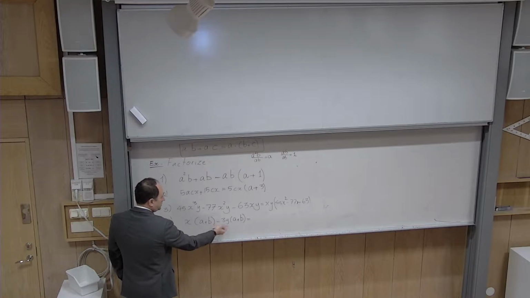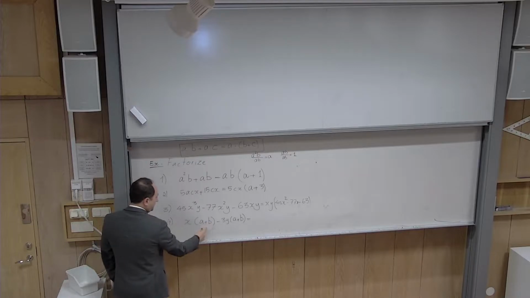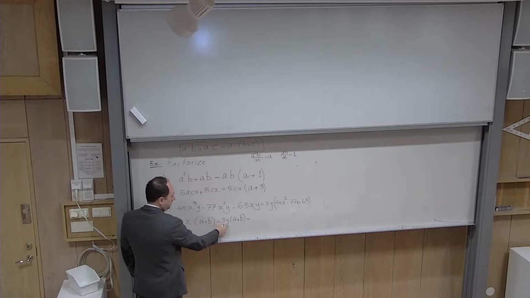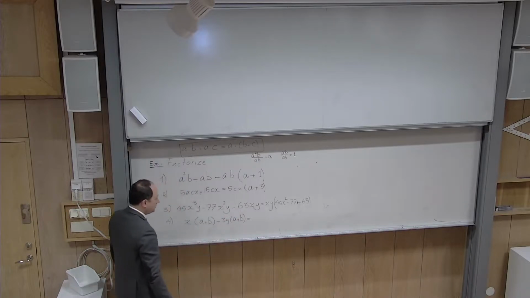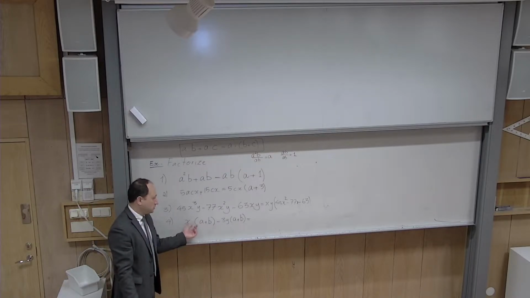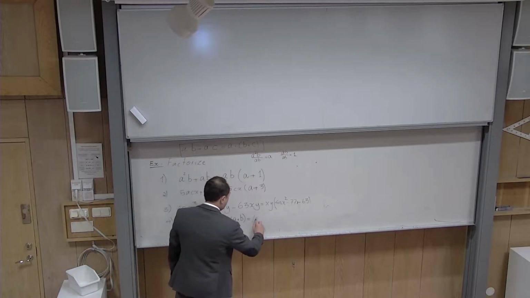Either you can continue or that is the end of the story. We just stop here. But here, if I ask you what are the factors involved in the first term, one factor is x itself, the other factor is a plus b. If I ask you what are the factors involved in the second one, there are three of them. One of the number 3, y, and a plus b. You immediately realize that a plus b as a whole is a factor which is common to both of them. So you can take this out. So I will take a plus b out.